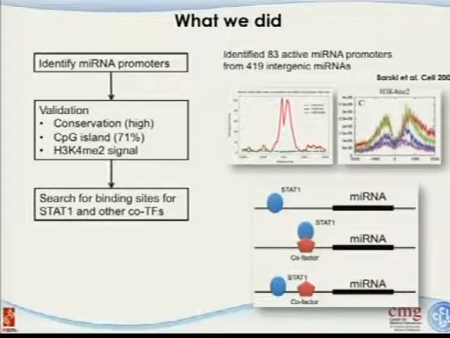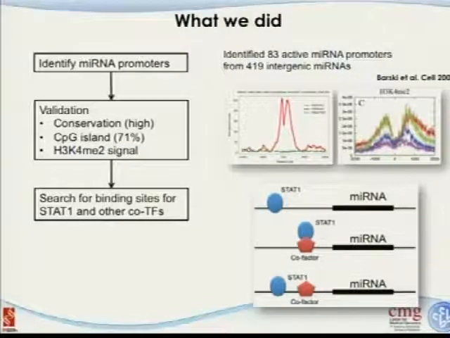And this comes to the application of what we talked about in the last lecture, the motif finding part. We identified these promoters, and then we want to search for the binding sites for STAT1 and other cofactors, and whether there are some collaborating factors in those regions.